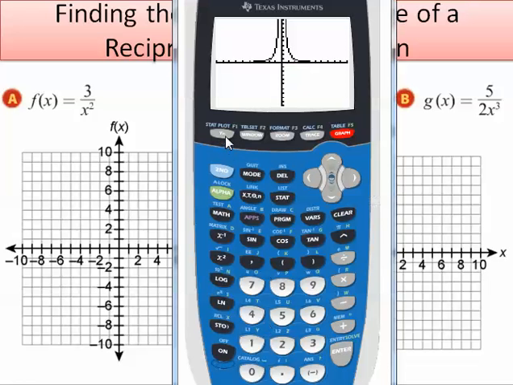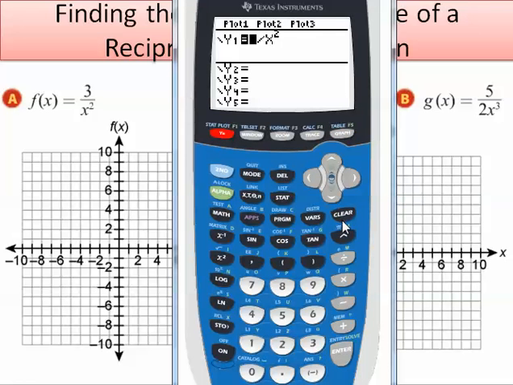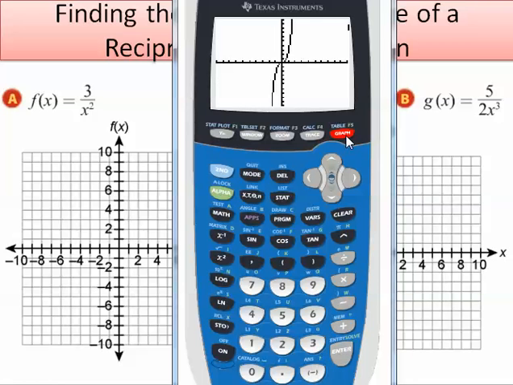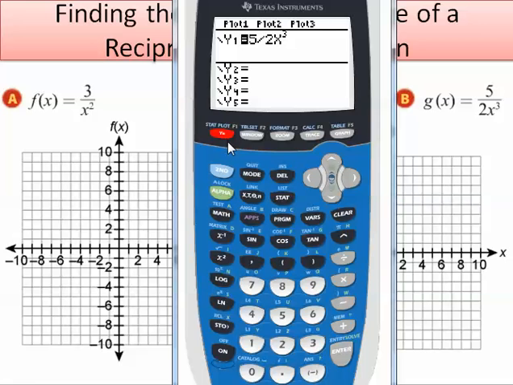Well, let's change our equation here, and we'll erase this one. We'll make it 5 divided by 2x to the third power, and we hit graph on that, and we get something that didn't look right there. Let's try that one again. 5 divided by 2x to the third power. I don't think it's right.